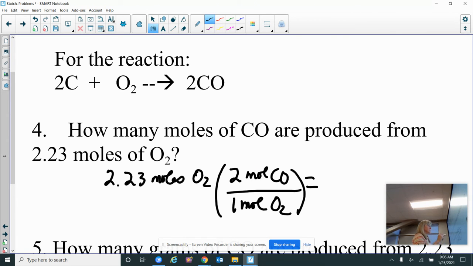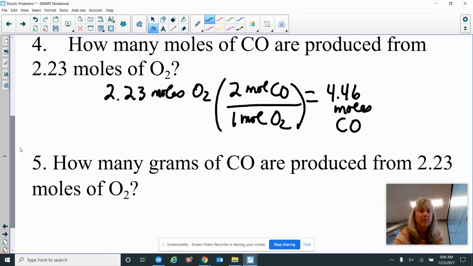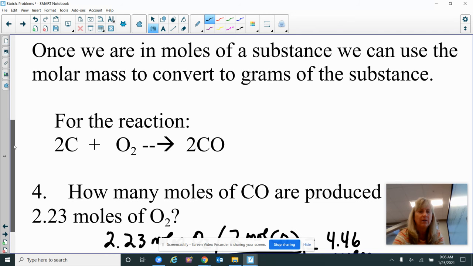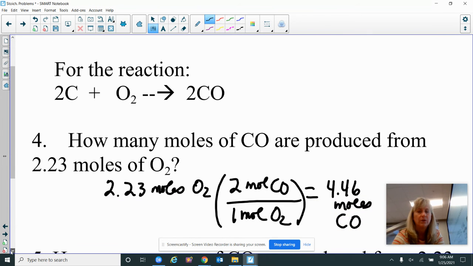So 2.23 times 2 is 4.46 moles of carbon monoxide. But then the next one adds in grams, and it says how many grams of CO are produced.